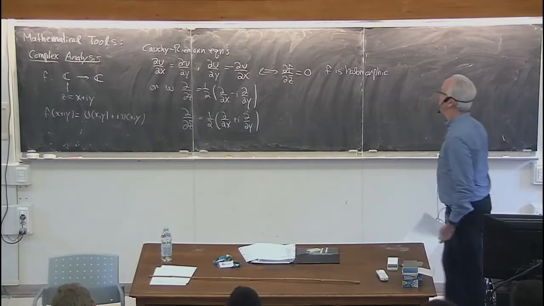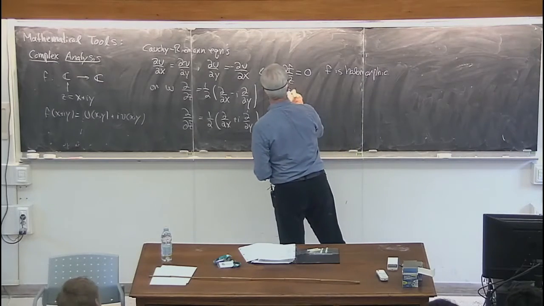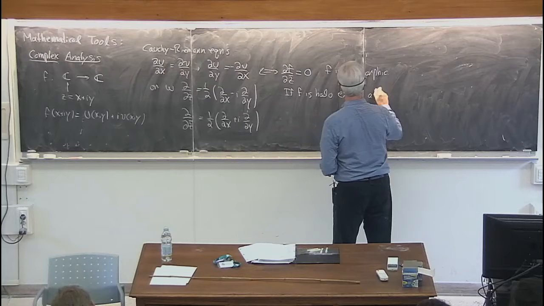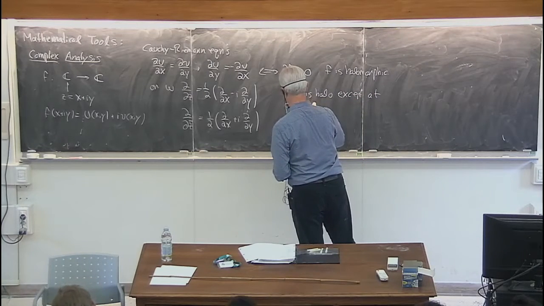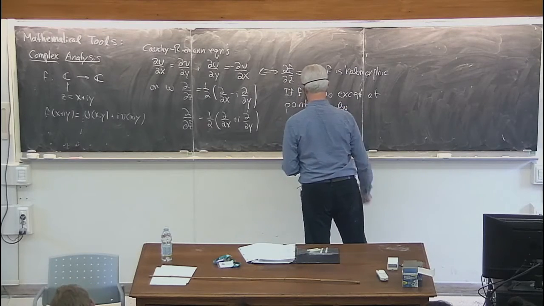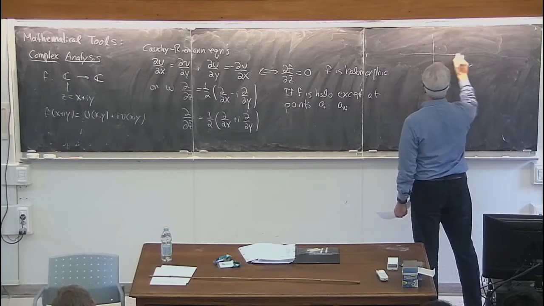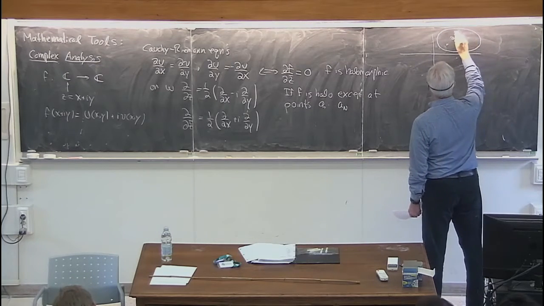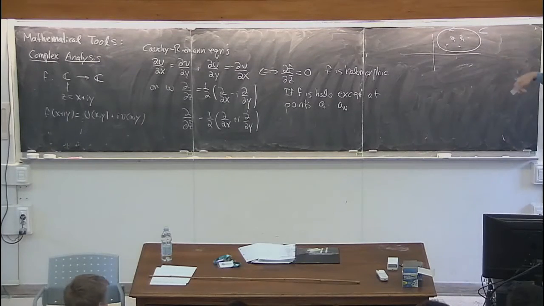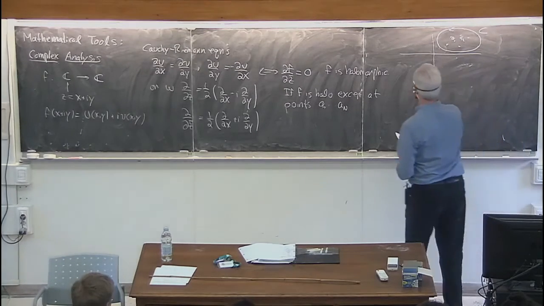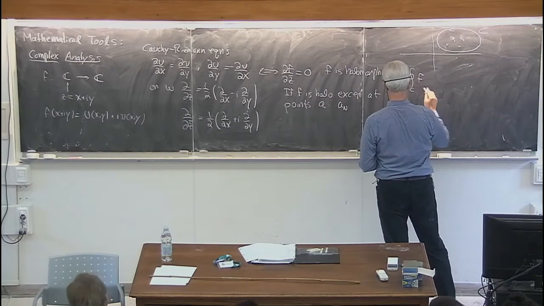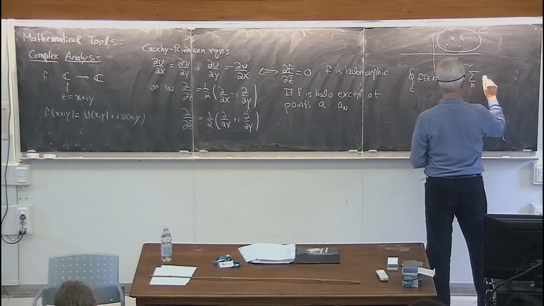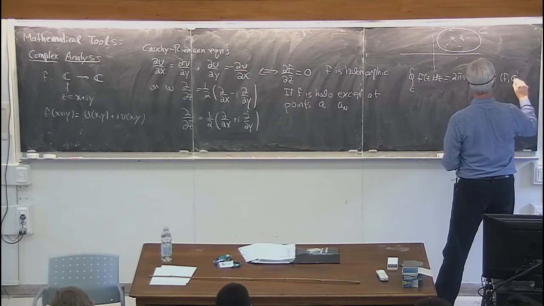And one of the most important theorems for a holomorphic function is that if f is holomorphic except at some points a1 up to an, then if you encircle those points with a contour C that goes around the points in a counterclockwise direction, the line integral of f around that contour is equal to 2 pi i times the sum of the residues of f at each one of those points.